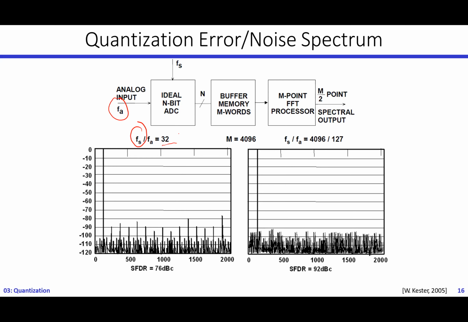Why is that? If this is my input signal of FA, and my FS is an integer multiple of FA, then in every cycle I will be sampling my signal at the same points.